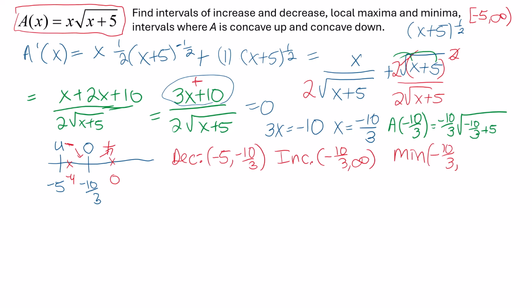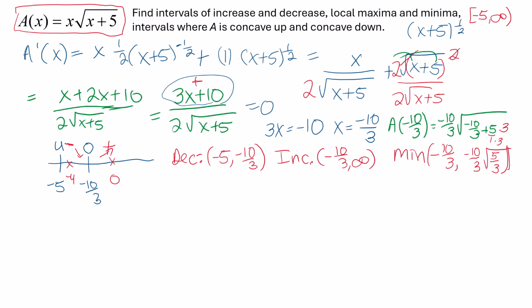So let's make that into thirds. So that will be 15/3 minus 10/3, but it's underneath the square root. So the y value is going to be -10/3 square root of 5. So there's our minimum. So we found the increase and decrease. There is no local maxima, and we found the local minimum right there.